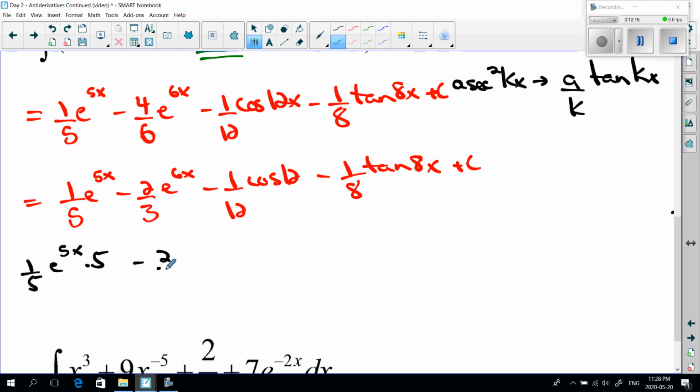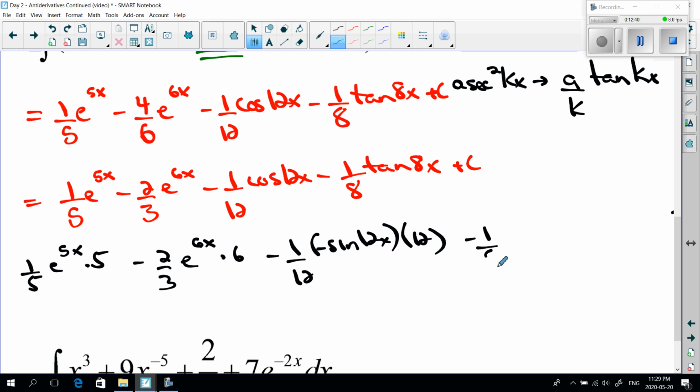This would be negative 2/3 times e to the 6x times 6. This would be negative 1/12 times the derivative of cosine 12x, which is negative sine 12x times 12. And this would be negative 1/8 times the secant squared 8x times 8.